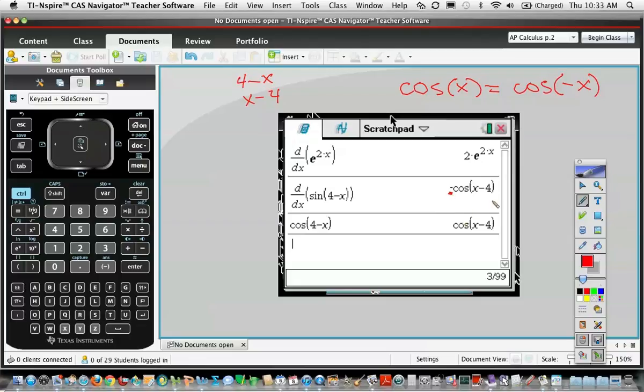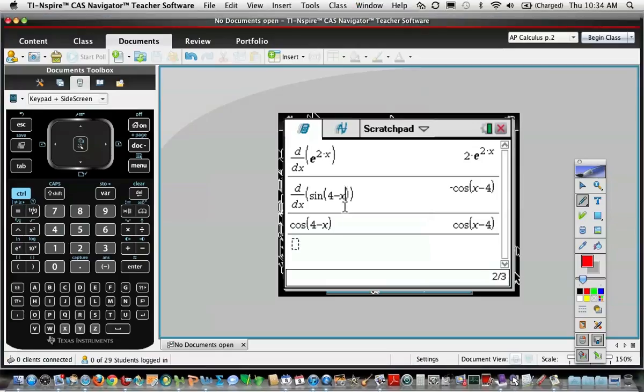And that's going to happen to you on some of these when you're checking your work. You might not even notice it. But if it's sine, which is an odd function, you should notice it because there won't be a negative on the outside, which you're expecting. Matter of fact, let's just do that.